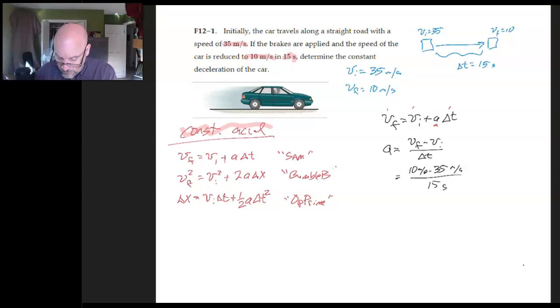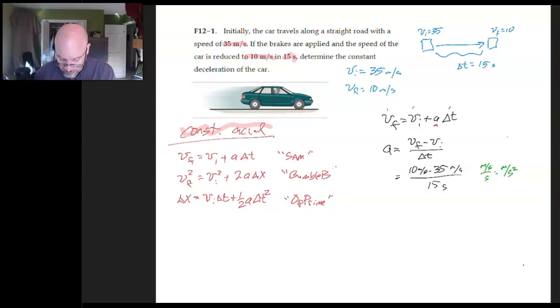So look what's happening with our units here. We've got meters per second divided by seconds, so we're going to get meters per second squared.